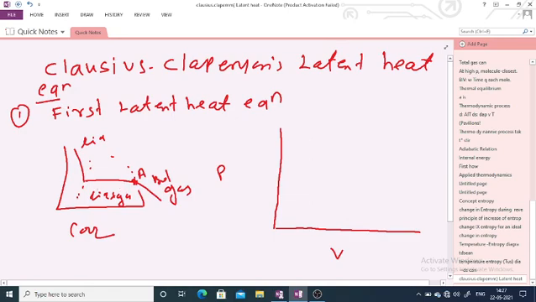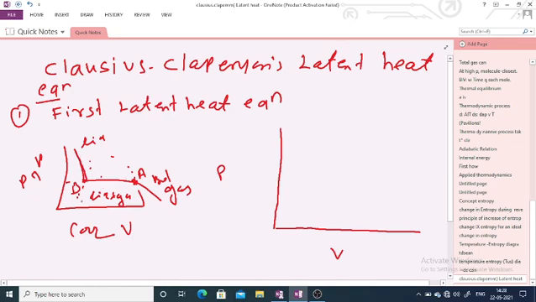During the conversion process, in this PV diagram, the pressure and temperature remain constant. At point B, it is completely converted into the liquid state.